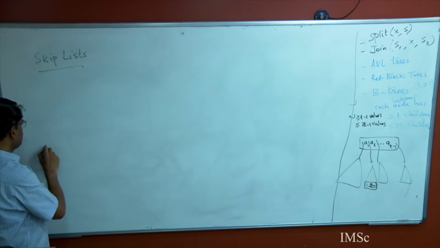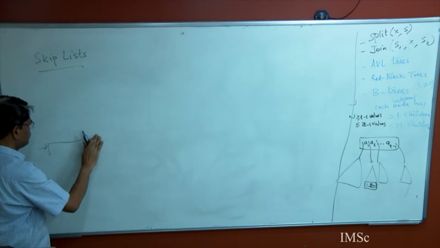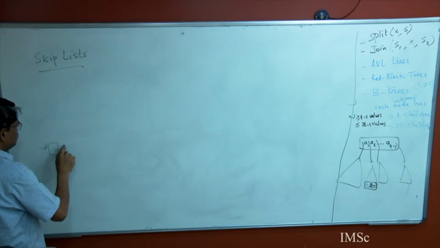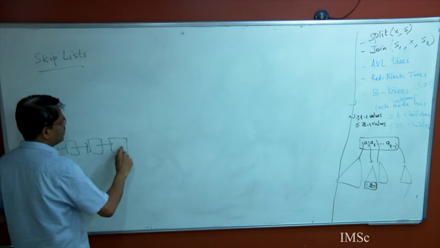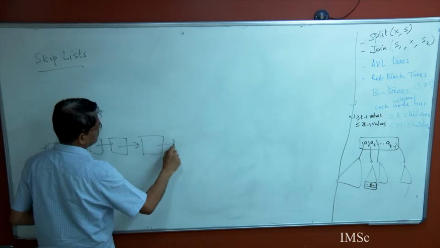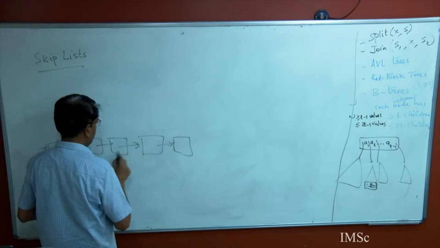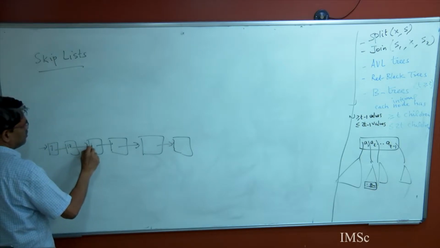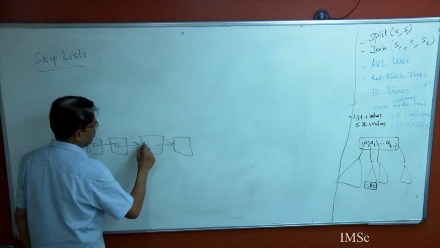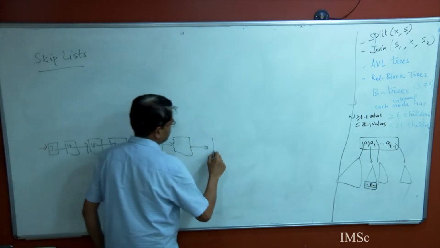So let's start with a simple linked list. Let's say I keep a sorted linked list, so that means 7, 12, 15, 21, 25, and so on.